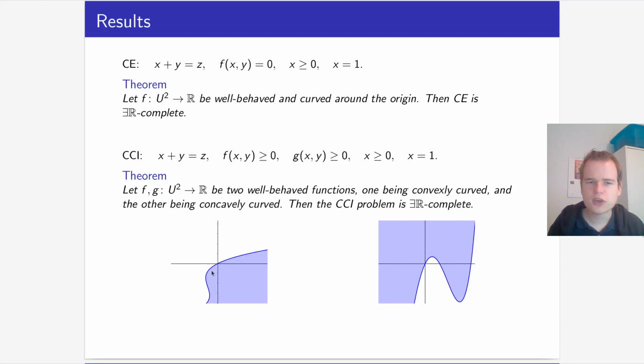But note that if you have such a curve, then this basically divides the region around the origin into two regions. So one where f is positive and one where f is negative. And because this curvature is non-zero, one of these regions will be basically convex around the origin if you restrict it to some small ball around the origin, and the other one will be concave. And now what we require is that one of these inequality conditions encodes such a convex condition, and the other one encodes such a concave condition. And if this is satisfied, then our problem is also ER-complete.